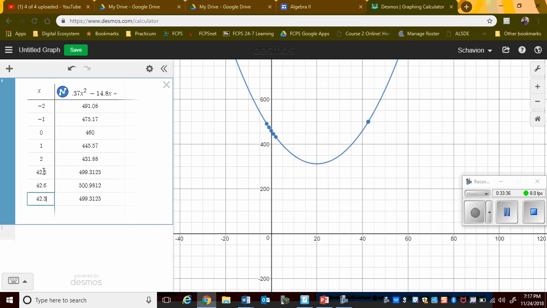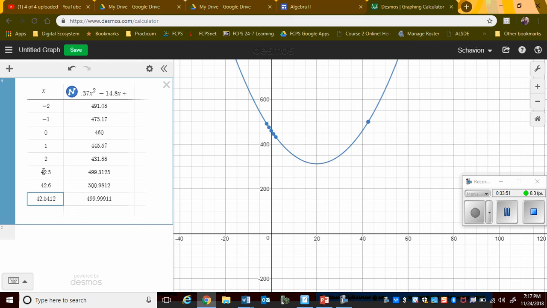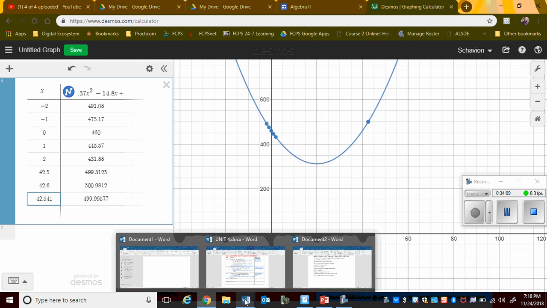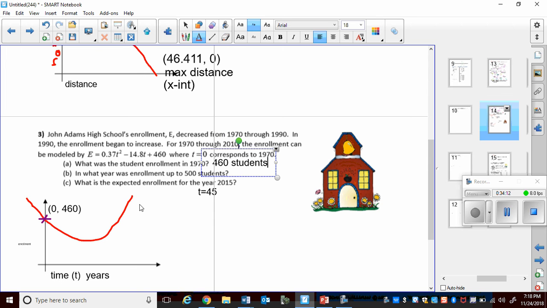Probably about 42.5 years. So 42.5 years plus 1970 is going to give me the year that the enrollment is at 500.